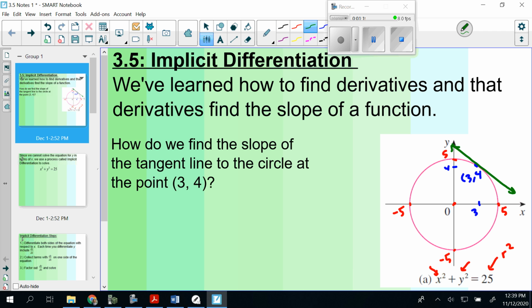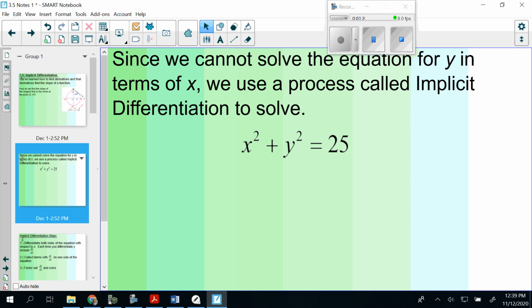Well, what we would need to do then is find the derivative of this circle equation. But usually when we do derivatives, we have this y equals equation. We can't necessarily solve this for y, because if we try subtracting x squared, then we get that y squared is equal to 25 minus x squared.